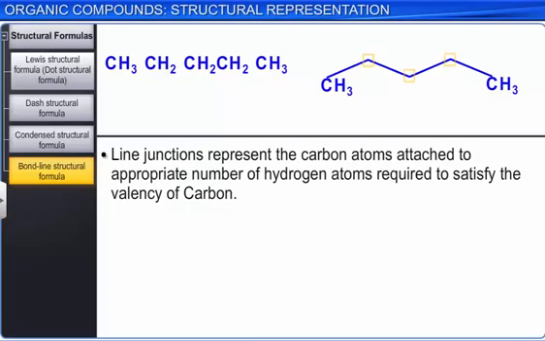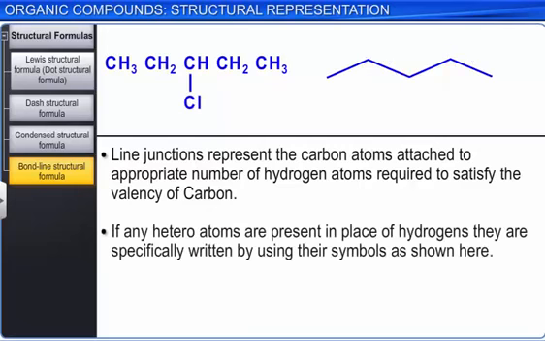Whereas the line junctions represent the carbon atoms attached to the appropriate number of hydrogen atoms required to satisfy the valency of carbon. If any heteroatoms are present in place of hydrogens, they are specifically written by using their symbols as shown here.